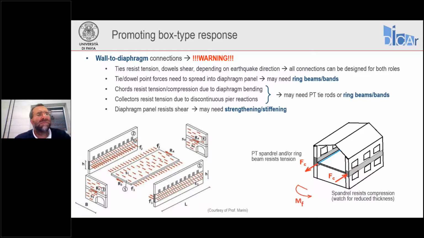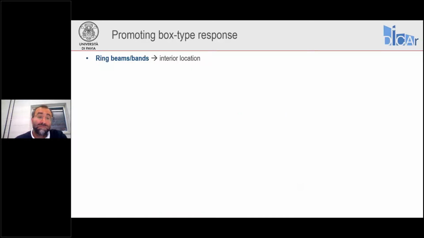If you're lucky, yes, it's enough, but in most cases, unfortunately, it ends up that the existing members cannot provide the adequate strength to effectively prevent out-of-plane overturning mechanisms. So let's start talking about ring beams or bands, which can be located inside the building.